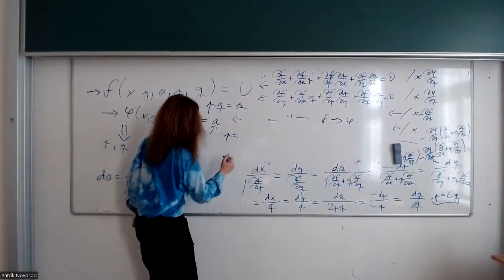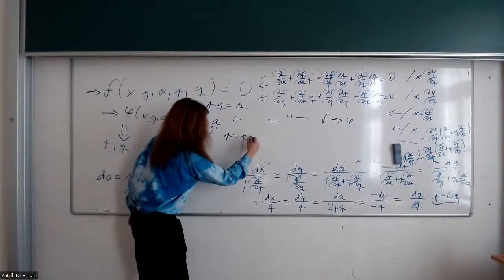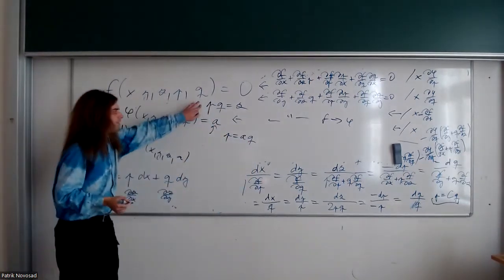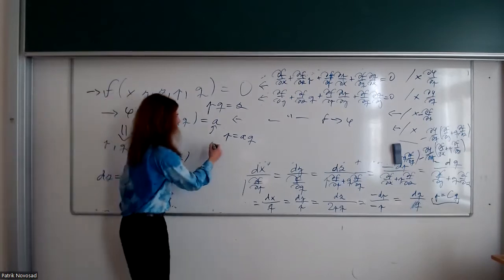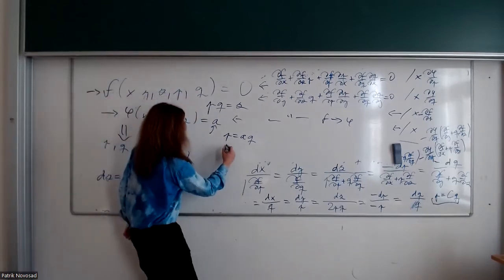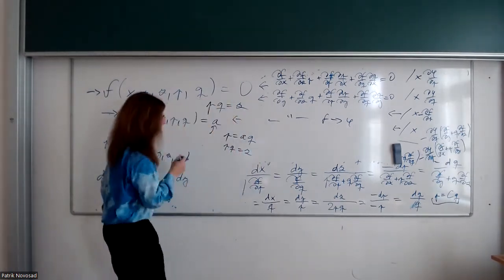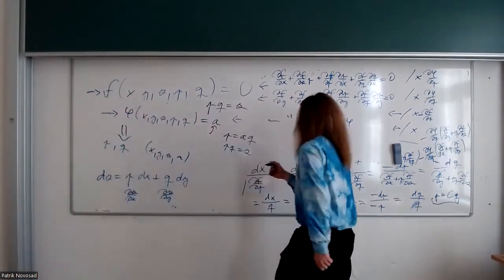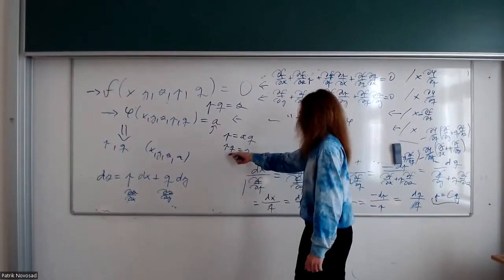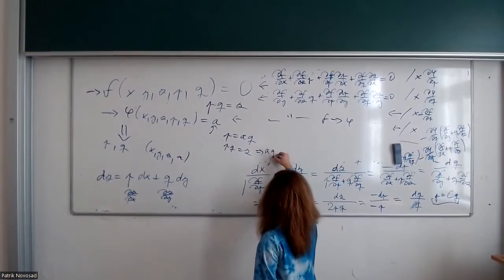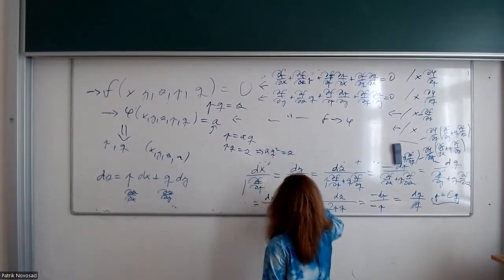that p is a constant times q. And now, of course, the partial differential equation needs to be satisfied as well. So p times q needs to be equal to z. So now we can express the q here because p is a times q. So we have a q squared equals z.